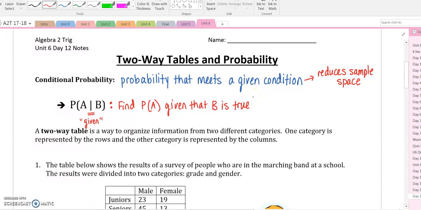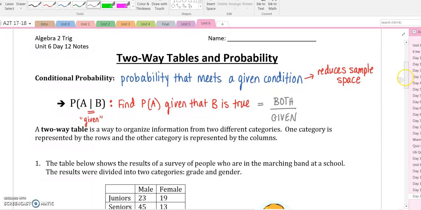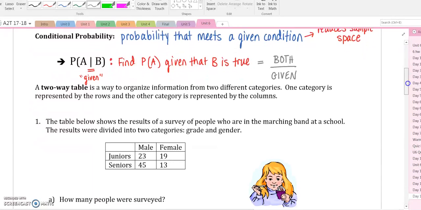And the general way, if you need a formula to do this, is to find the probability of both happening and divide it by the given part, the part we already know is true. But we're going to go through some examples, and hopefully you won't need to use the formula. It'll just make sense as to how to set it up.